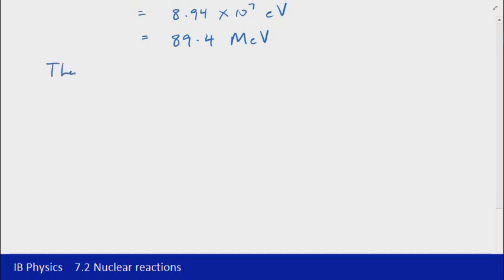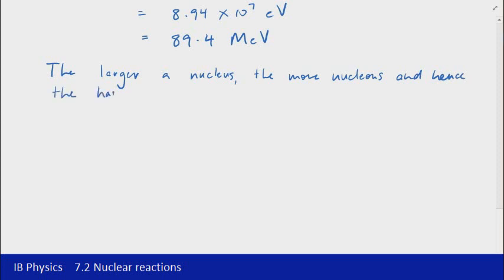To take one last note here, the larger a nucleus is, that means that we've got more nucleons. So the more nucleons we have, that then means the harder it is to keep it together.